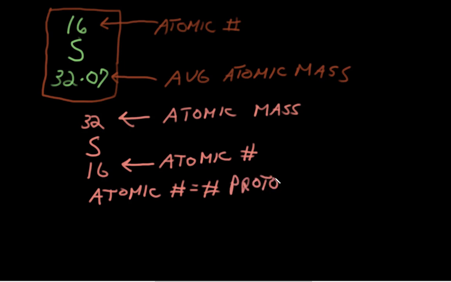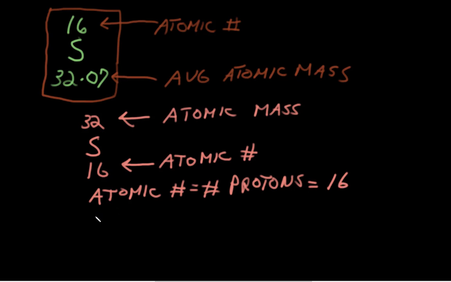The number of protons is the identifier of the element. It's like the fingerprint. It doesn't change. If you see an atomic number 16, it's sulfur. You change the atomic number, you change the element. So the atomic number equals the number of protons. So for our example here, we have 16 protons.